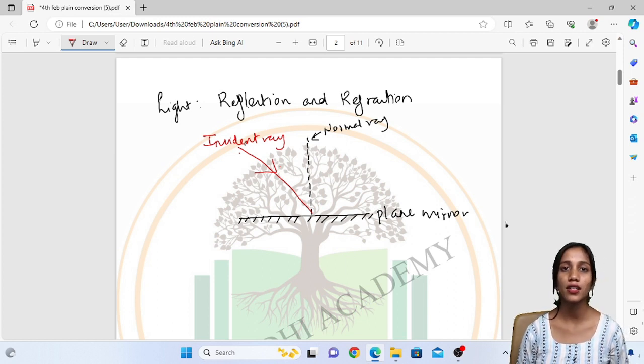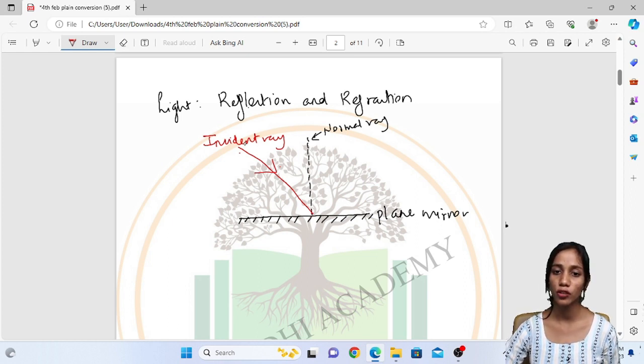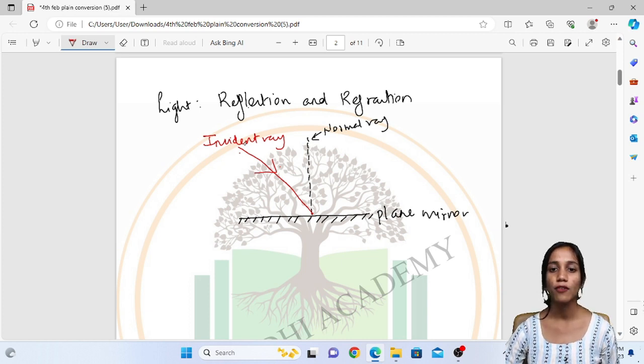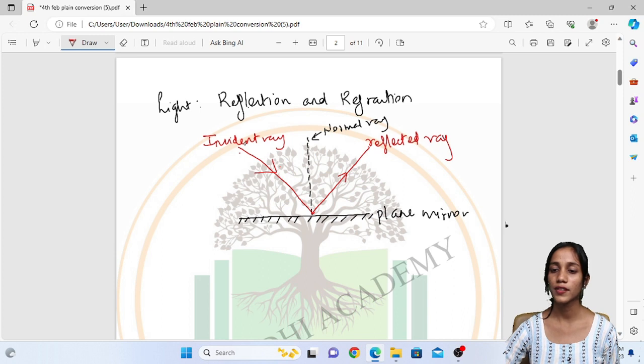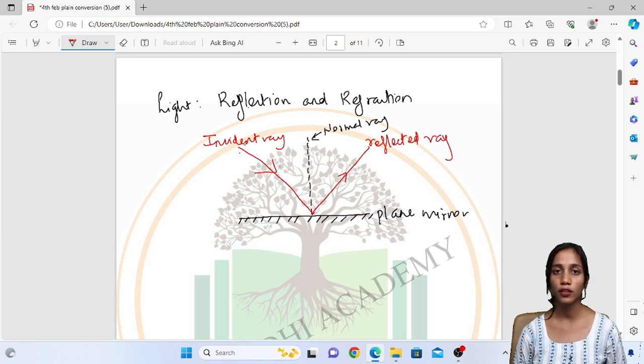When it falls on the mirror, the reflection of this ray of light will happen, and after the reflection it will go back. This ray is called the reflected ray. So we have the incident ray, the normal and the reflected ray.